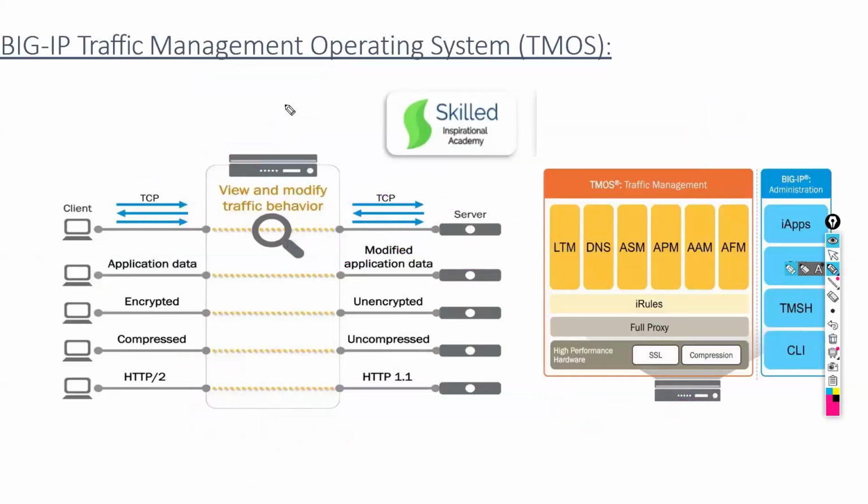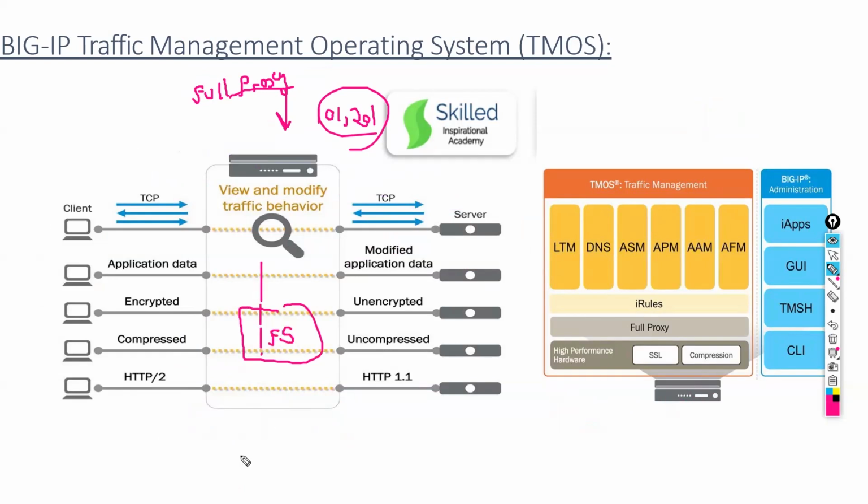And why is F5 called full proxy? This will be a question coming in your 101 and 201. So what does it mean? I told you, right? Let's say this is the F5 device in between. F5 is called full proxy. Why? You will see. Till this, there will be one TCP handshake. So this is called your front-end traffic.